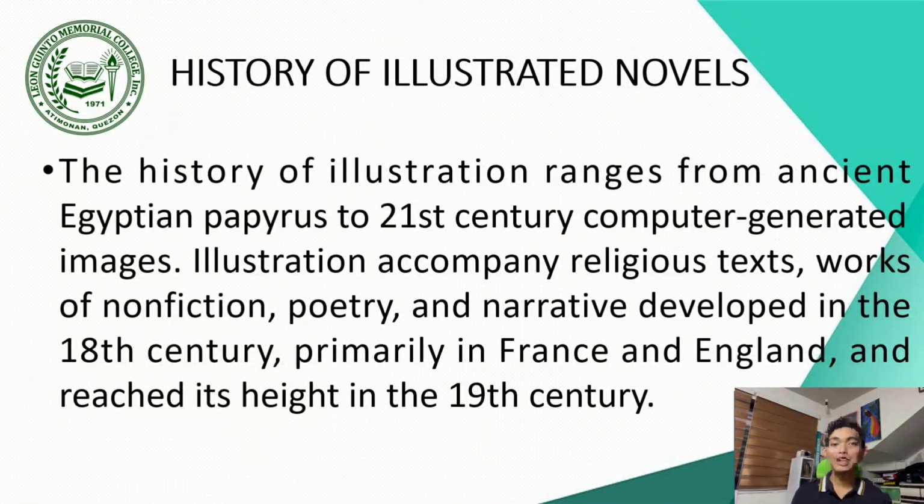By the 19th century, illustration reached its peak in terms of both popularity and influence, shaping not just literature but also art and culture. This evolution shows how illustration has continuously adapted from traditional methods to modern digital tools, continuing to play a significant role in communication and storytelling.